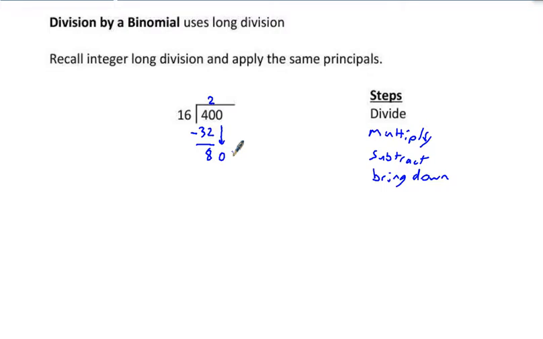And then we have 80 divided by 16, which is 5. 5 times 16 is 80. So we divide, we multiply, we now subtract. That is 0. We would bring down the next digit, but there isn't one. And we're done. So 25 has a remainder of 0 because there was nothing left to bring down, and the number that we were left with after subtraction was 0. So the final answer here would be 25.